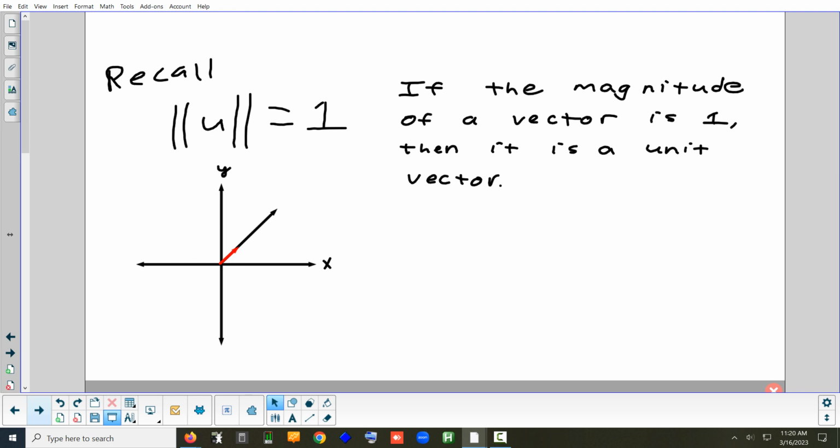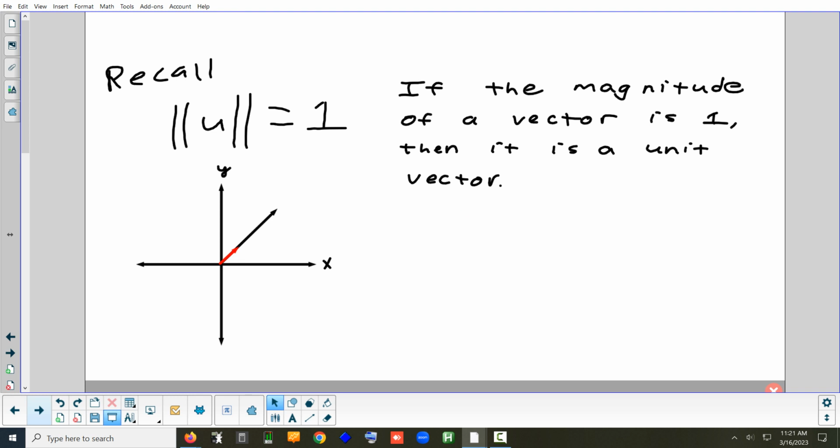So if you're given a vector that's too long, I want to know what you would have to scale it by to shrink it down and make it exactly 1 unit. That's what I'm trying to find. Or if you have a vector that's too short, what would you have to stretch it by to make it exactly 1 unit? I still want it to point the same way. I just either want to stretch it or compress it to make sure it's exactly 1 unit long.